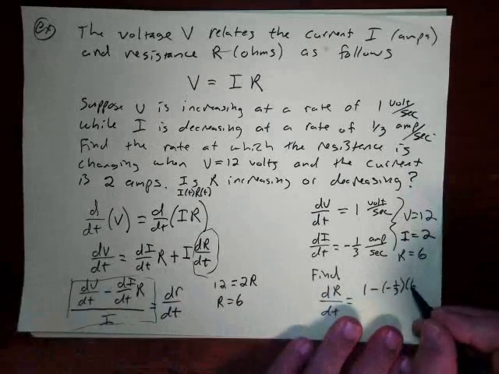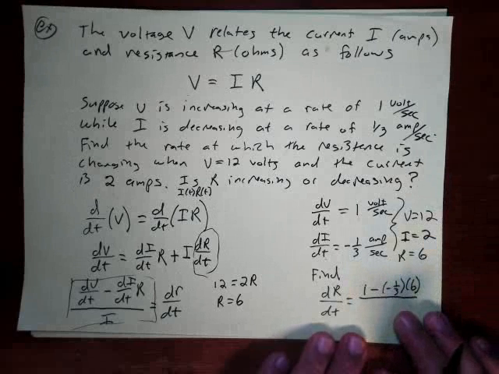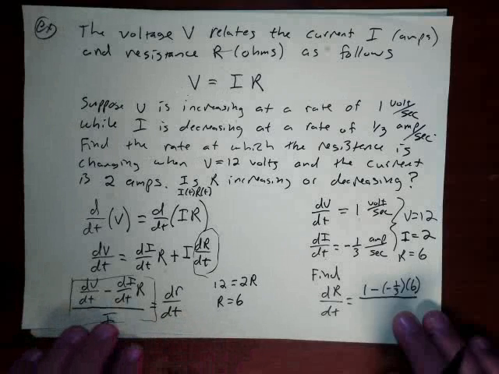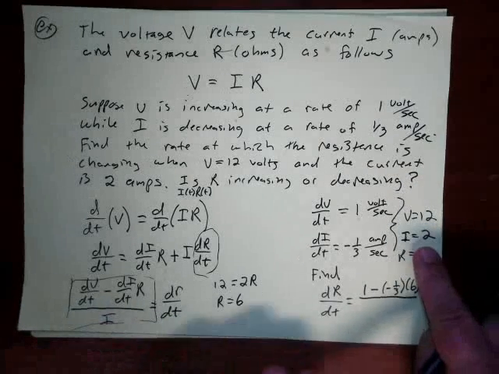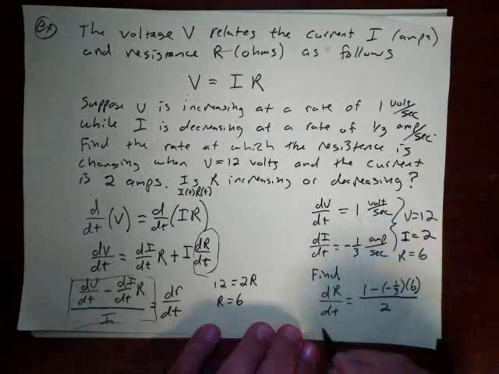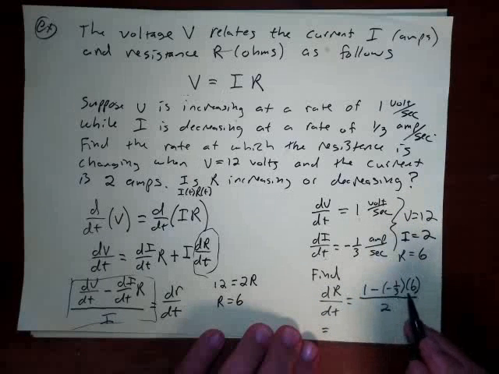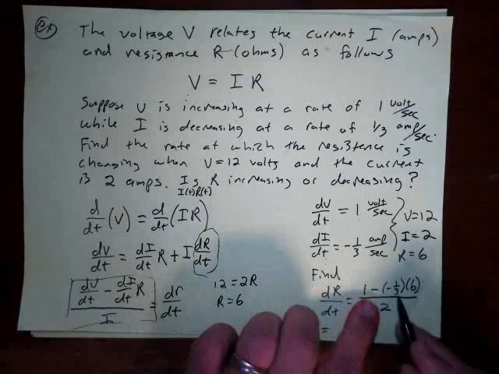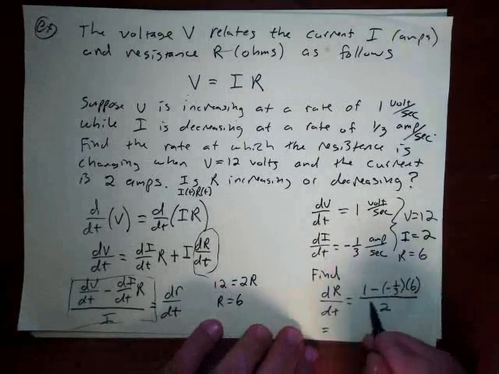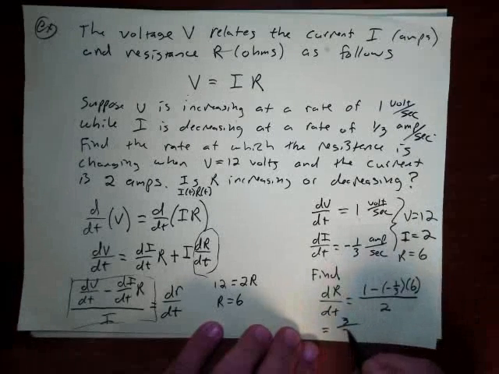And that's what I put in here. So this will be 6, and then I need to put in my I, and so my I is 2. Okay, so now this is going to be 6 times, this is going to be minus 2, but 1 minus a negative 2 is 1 plus 2, so that's going to be 3 on top, and that's going to be 2 on bottom.